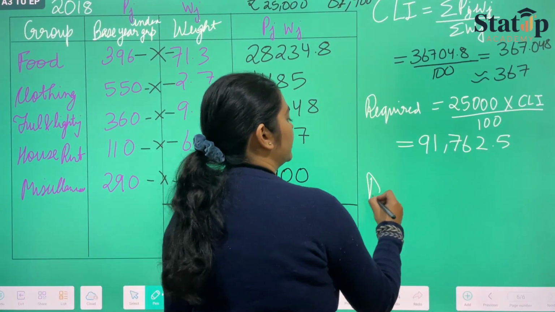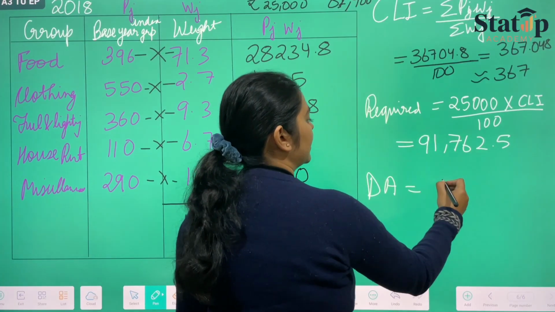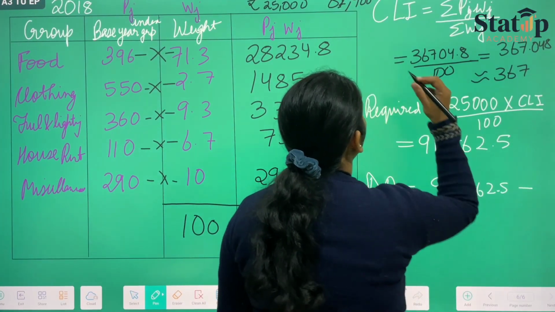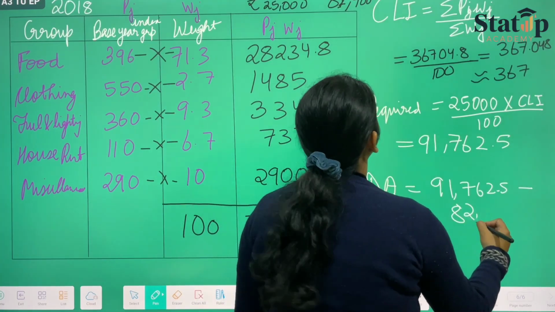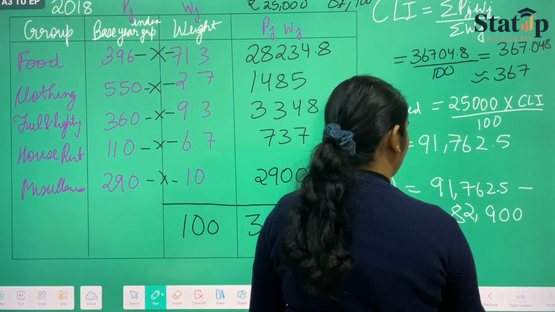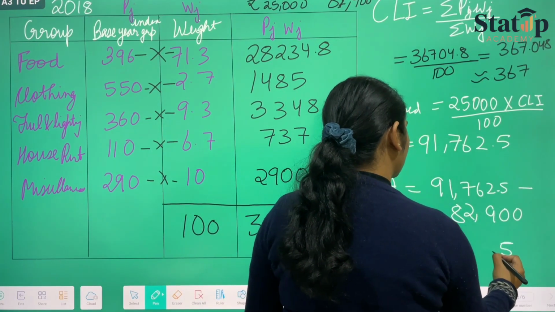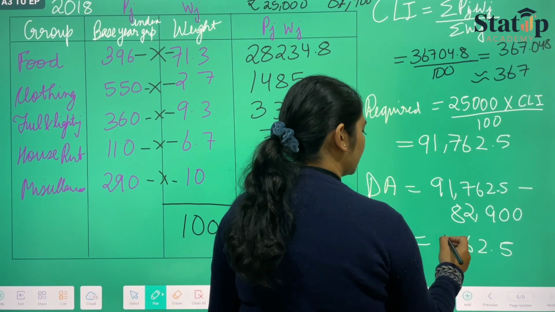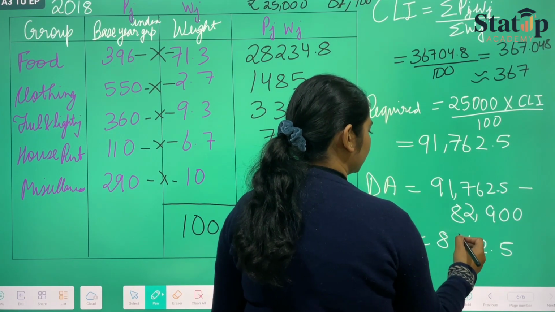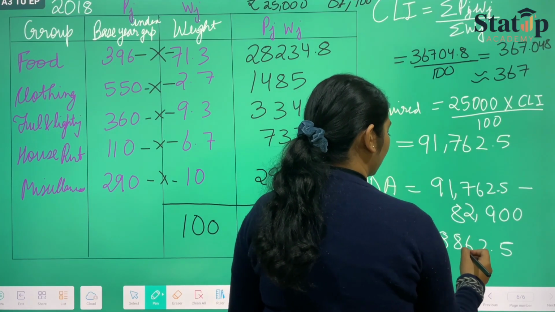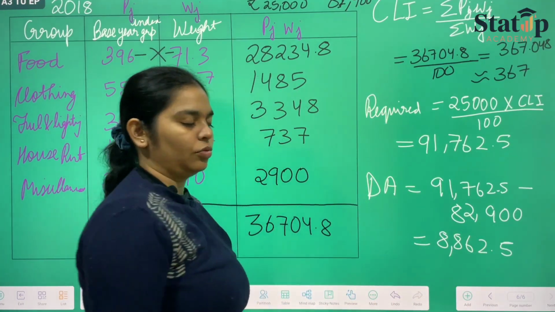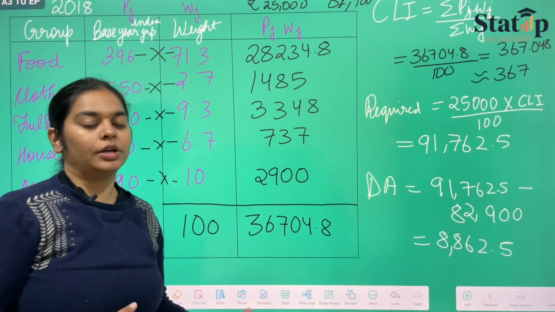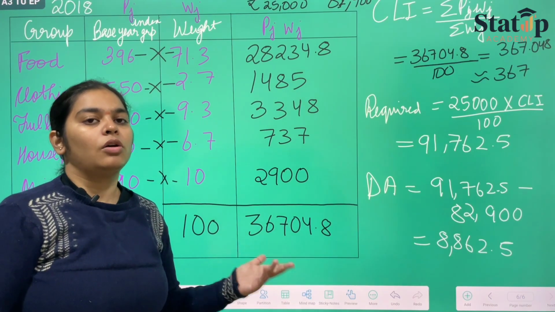So dearness allowance is the required salary minus the actual salary, which is 82,900, and this gives us 8,862.5.